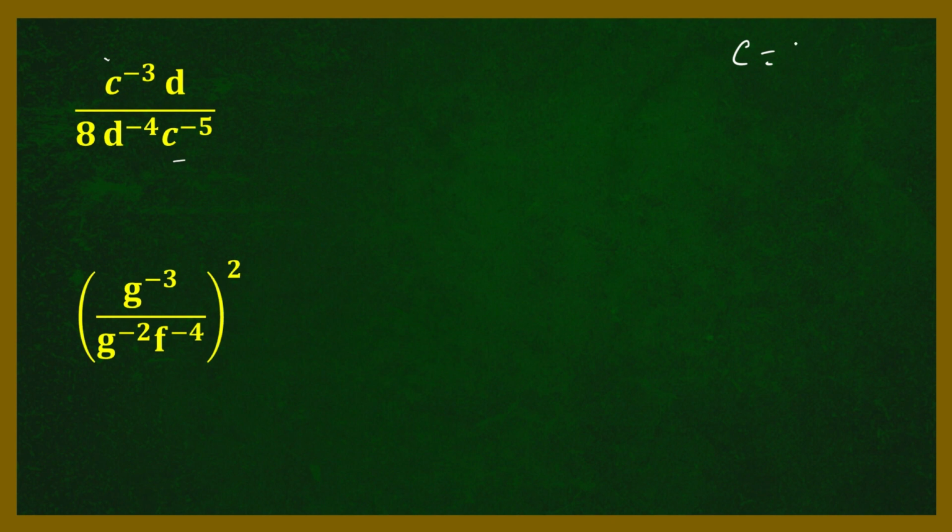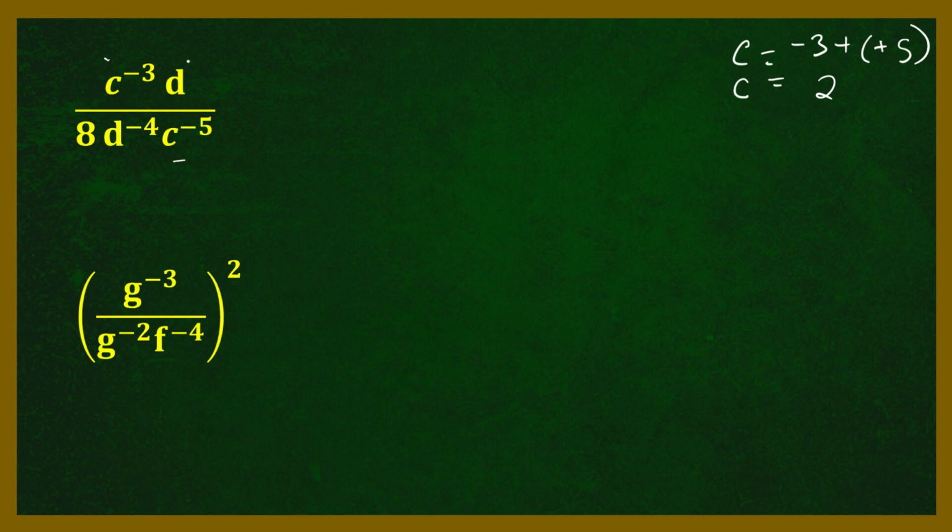So for c, we're going to have negative 3 minus a negative 5, and the value of that gives us 2, because a negative 3 plus 5 is 2. Now let's go ahead and do the same for d.